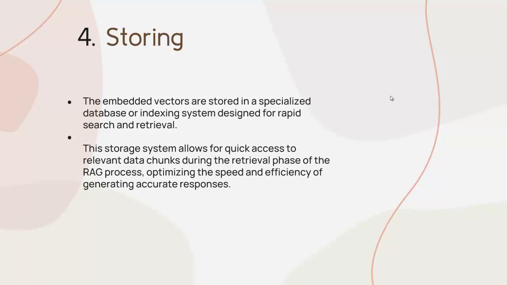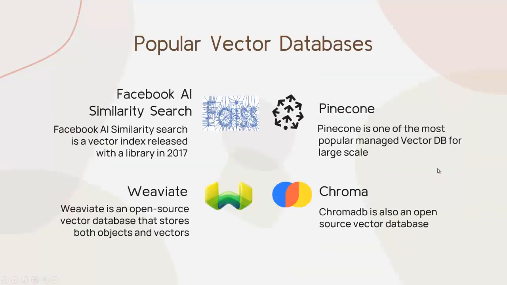Now, we are going to store all the embeddings in a specialized vector database so that we can get the data as soon as we are given the user prompt. Some popular vector databases are the Facebook AI Similarity Search, Pinecone, Weaviate and Chroma.